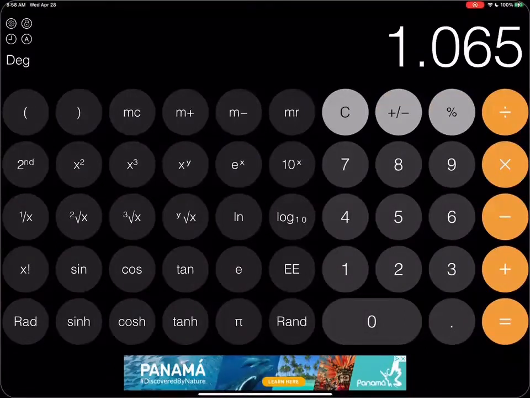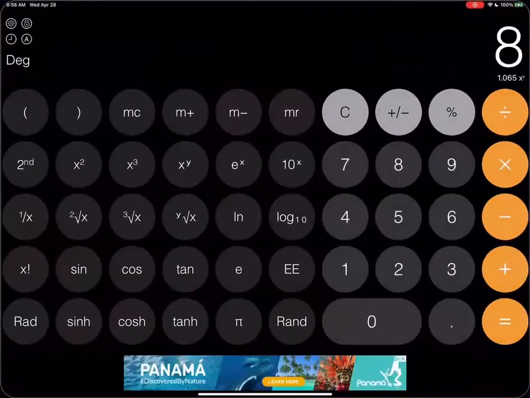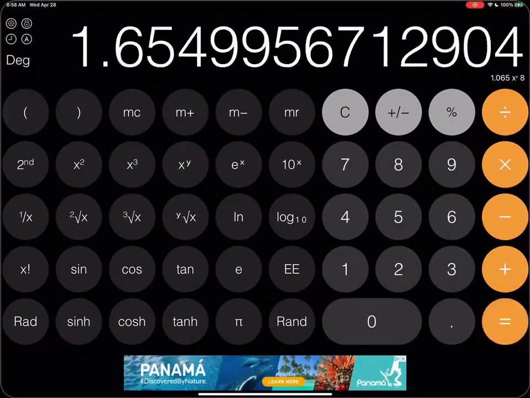You're going to look for this button. It's an X to a Y power. And we're doing to the 8th, right? Yeah, 8th. Equals. That's an ugly number, okay? Don't worry about it. Leave the number.